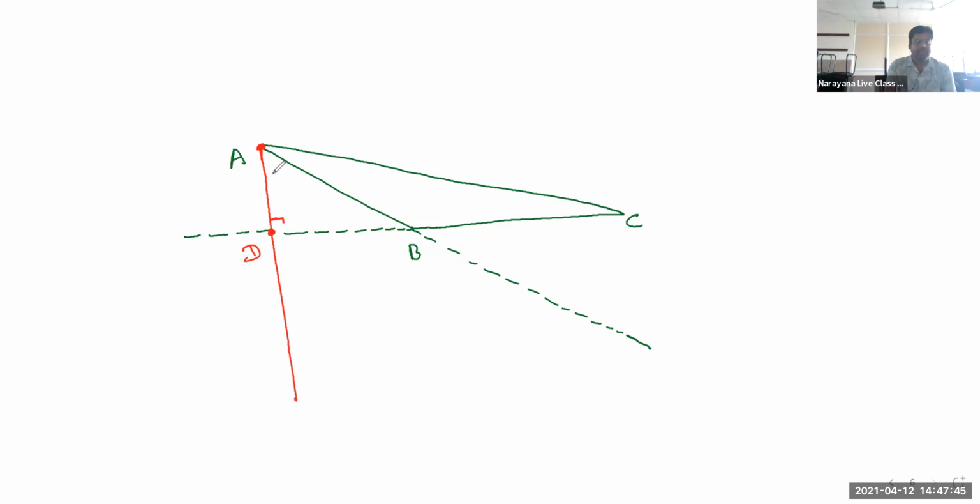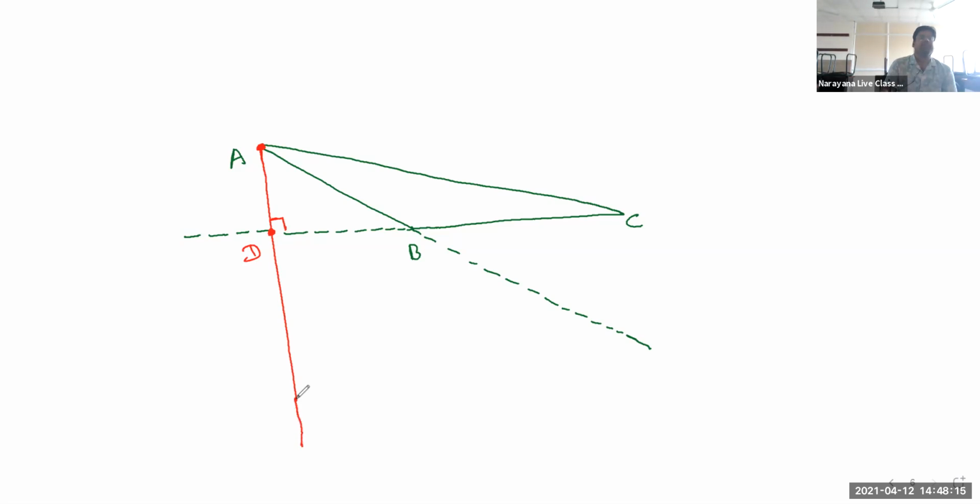So here you can say AD is the first altitude, because the definition of altitude is what? It is a perpendicular dropped from a vertex to its opposite side. So if you extend BC, then only you will get point D, which is the foot of the perpendicular dropped from vertex A. Okay, so I think this is clear.